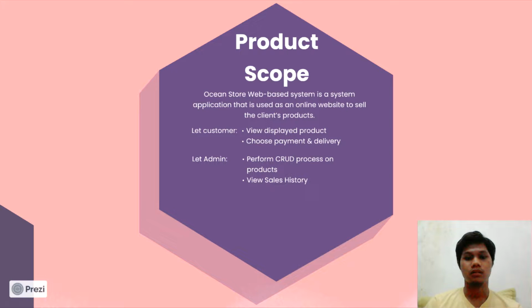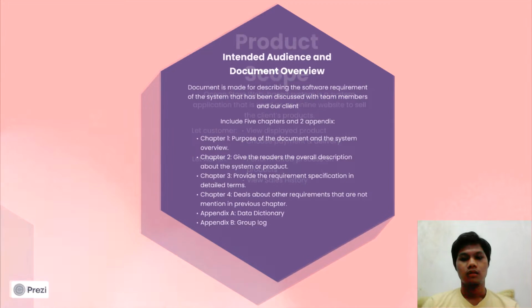For example, the customer site. At the customer site, they can view the displayed product and they can choose payment and delivery types. Next is the admin site, where the admin can perform CRUD process on product and can view sales history.